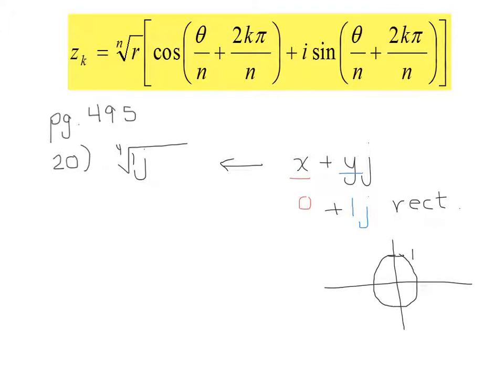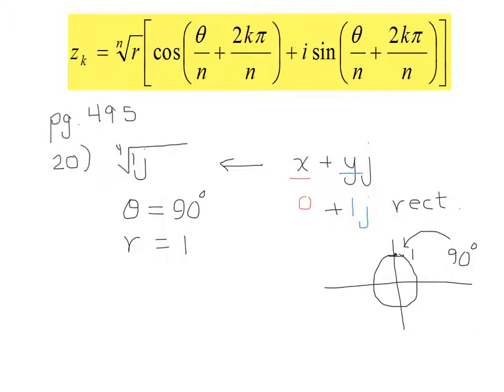But I know that on the final exam we're going to be doing this problem in degrees, so I'm going to identify that my angle theta is 90 degrees. I also know that my radius, the distance from the center to my point, is 1, because it's 1 unit away.